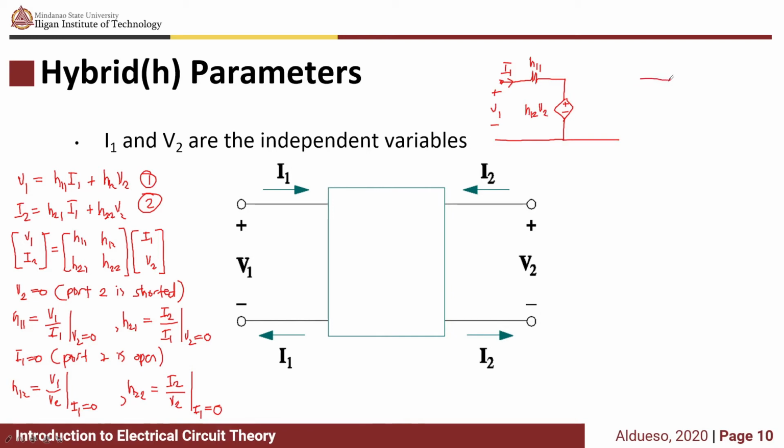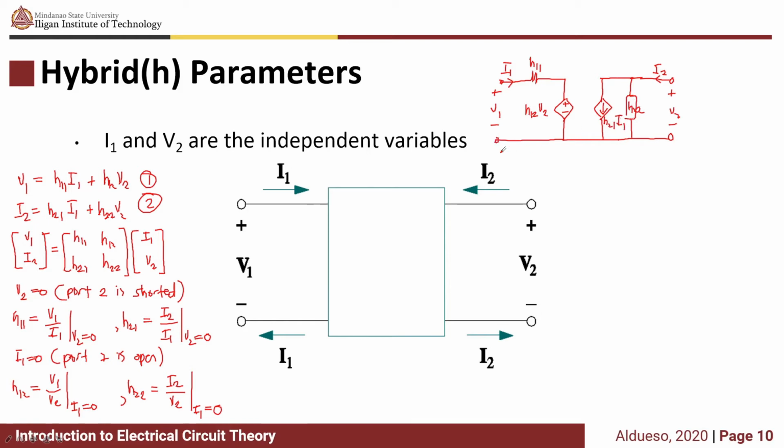For port 2, V2 I2. So I2 is equivalent to H21 times I1 plus H22 V2. So we have admittance H22 times V2, which is the current at this branch, plus we have a parallel dependent current source, which has a value of H21 I1.